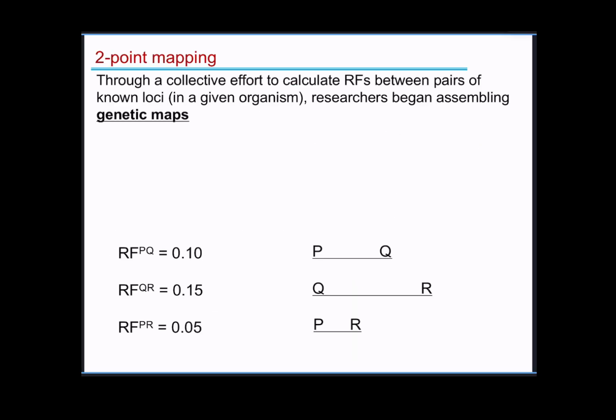So Morgan's work triggered this explosion in what became almost like an arms race to build all of these genetic maps, right? And what we mean by genetic maps is trying to determine the relative position of different loci for characters that we're interested in along chromosomes.